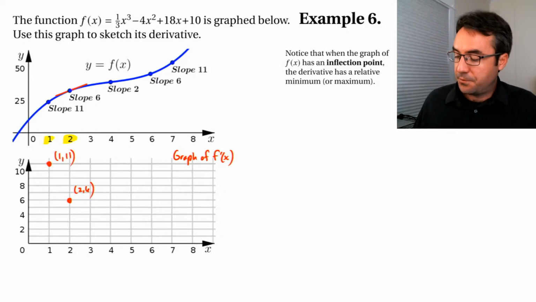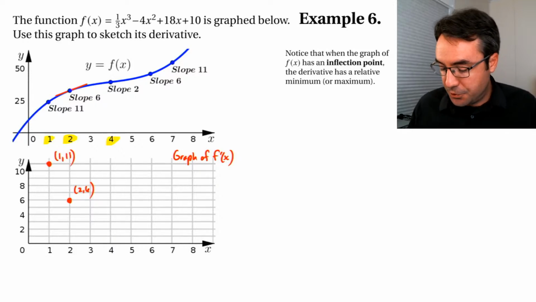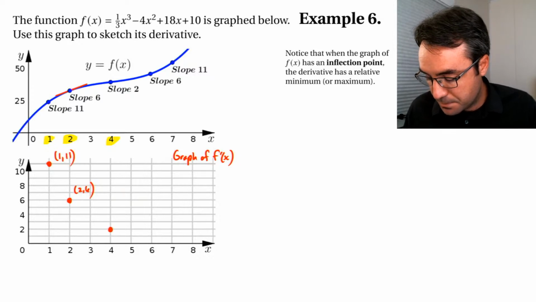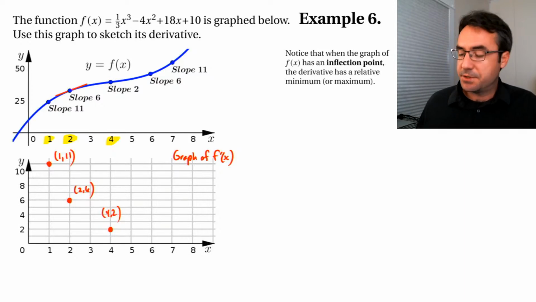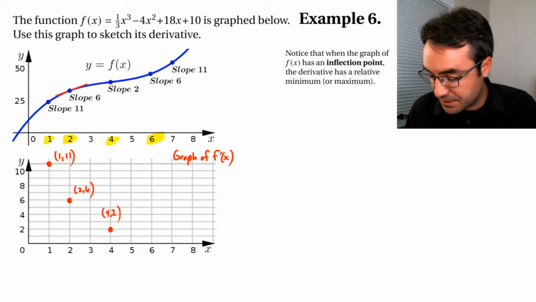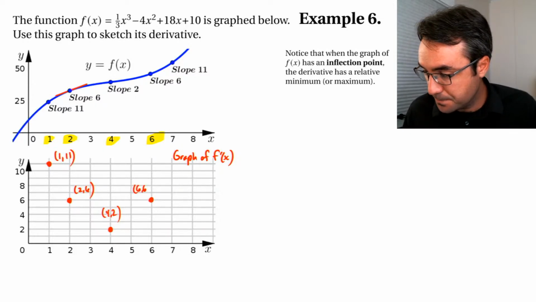And then at x equals 4, our slope we estimate is 2. So let's plot (4, 2). And then at x equals 6, we estimate that our slope is 6. So that means the point (6, 6) is on our graph. So we plot that one.